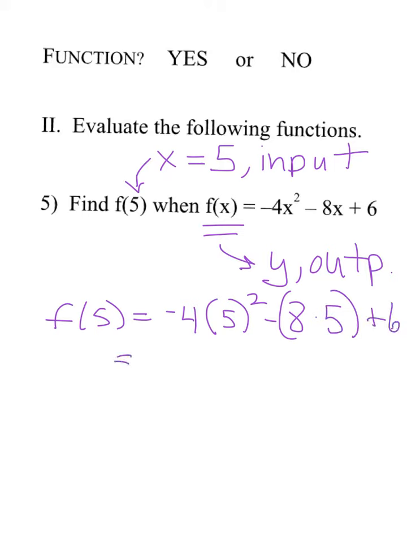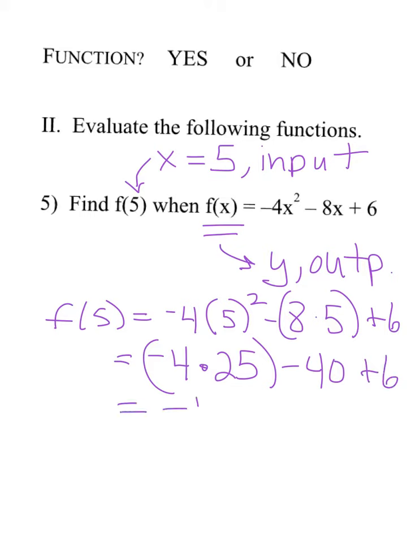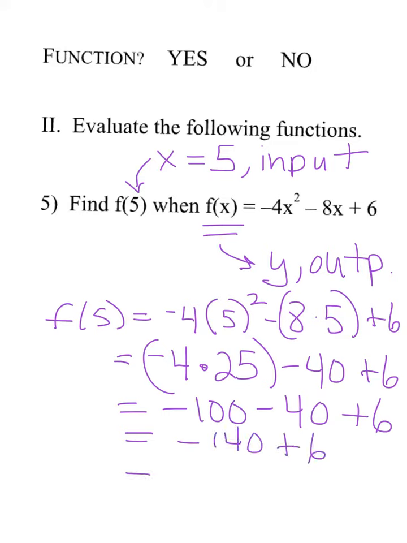So if we simplify that, we get -4 times 25 minus 40 plus 6. -4 times 25 is -100. -100 minus 40 plus 6. -100 minus 40 is -140 plus 6. And that would equal -134.